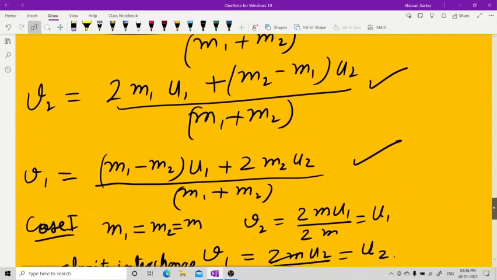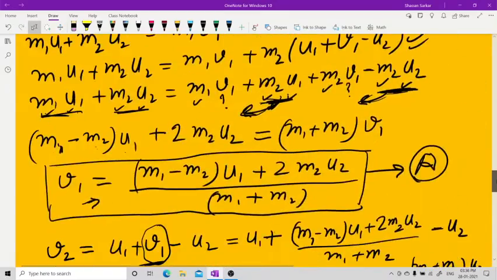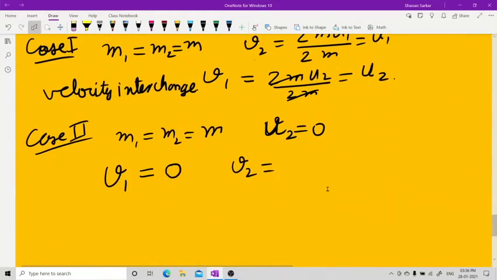Now for v2, these two masses are same, they will become 0, and u2 is at rest, this is also 0, so this will become m, and this will become 2m. This 2m and this 2m, as in the earlier case, will cancel out each other, and we will have v2 equal to, see here, v2 will be equal to u1.